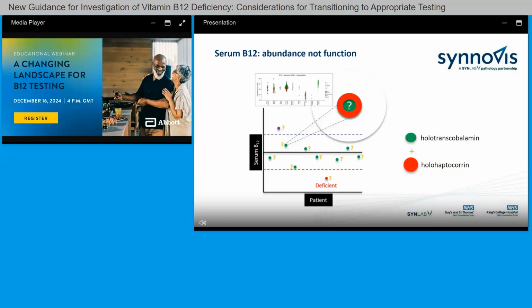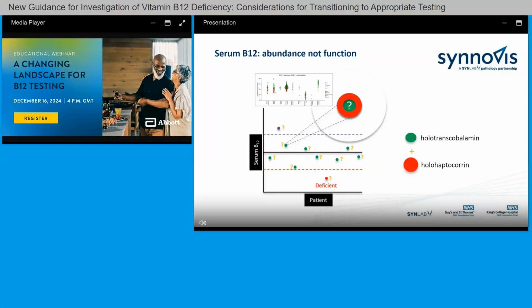Transcobalamin is another B12 binding protein that circulates in a mainly unsaturated form, and it binds any freshly absorbed B12 from the diet. So once the B12 binds to the transcobalamin, this is called holotranscobalamin.